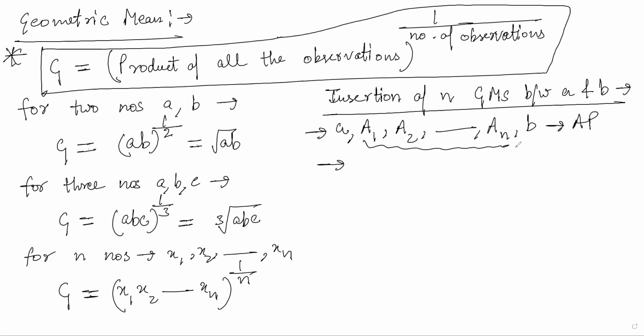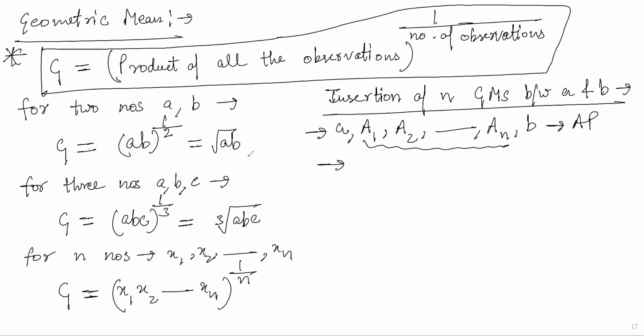So ये arithmetic means we will only call these numbers as arithmetic means if A, A1, A2 up to AN, comma B, this sequence forms an AP. Then only these capital A1, capital A2 up to capital AN will be called as AMs, right?